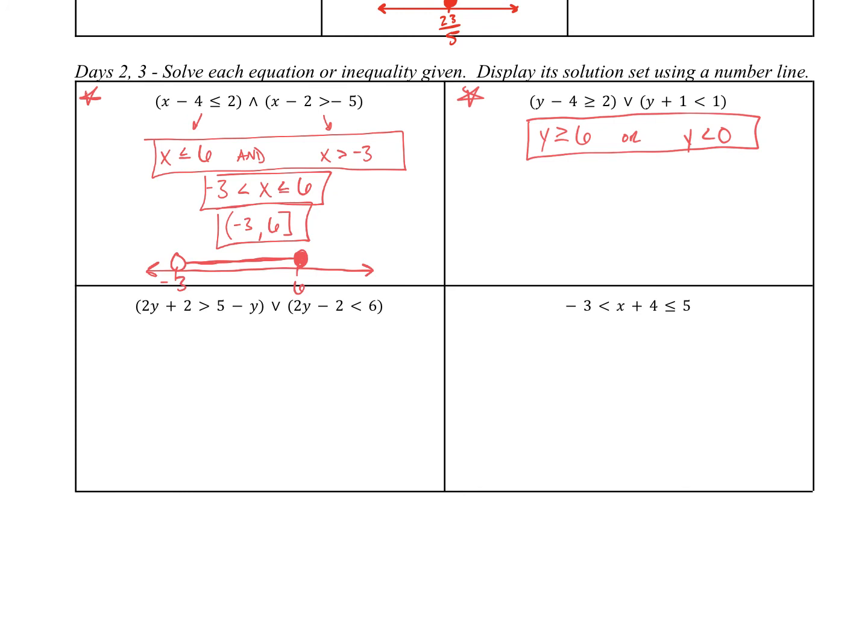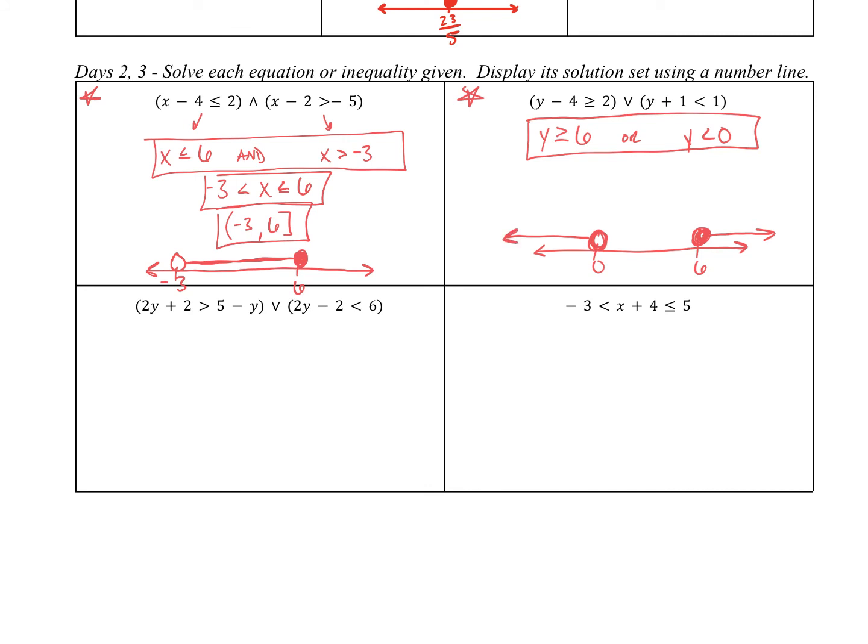And when I graph it, we'll put 0, we'll put 6. Y has to be greater than or equal to 6. And or it has to be less than 0. So these are the two situations.